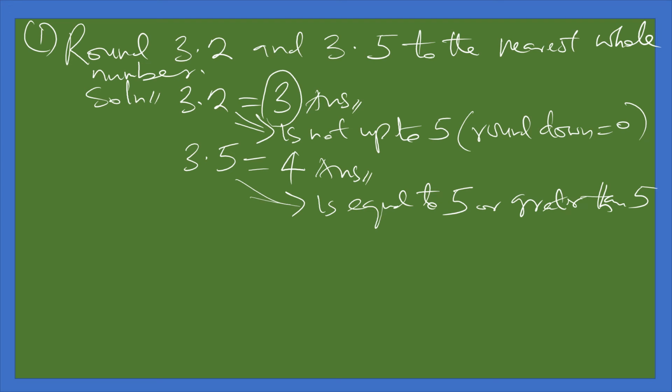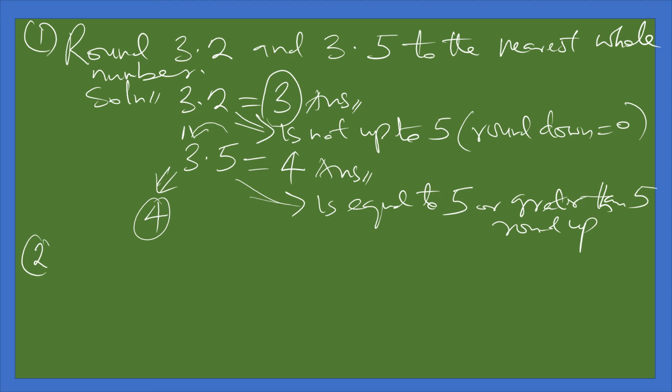So because of that, we round up. So now, because it is 5, we round up this 3 to be 4. By rounding this 3 up, we are adding 1 to it. So the 3 now becomes 4. That is why 4 is the answer.